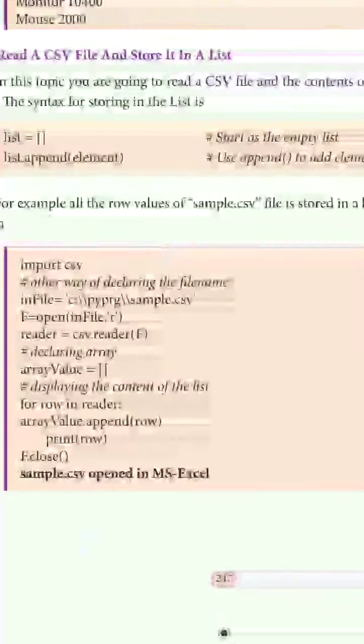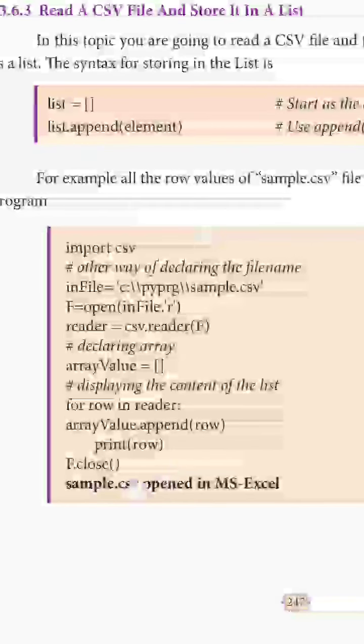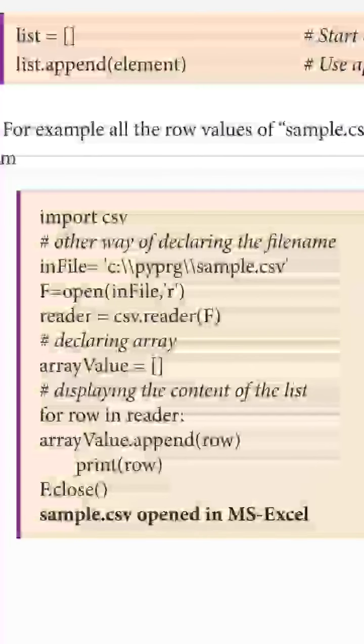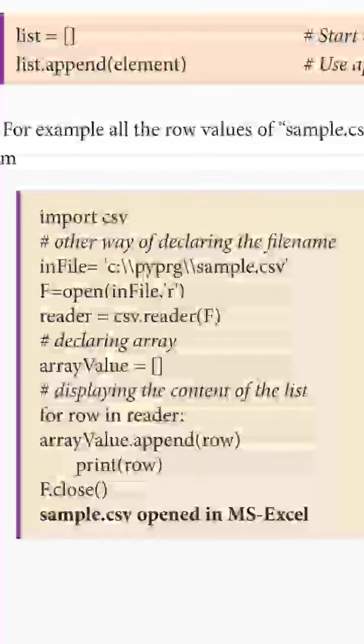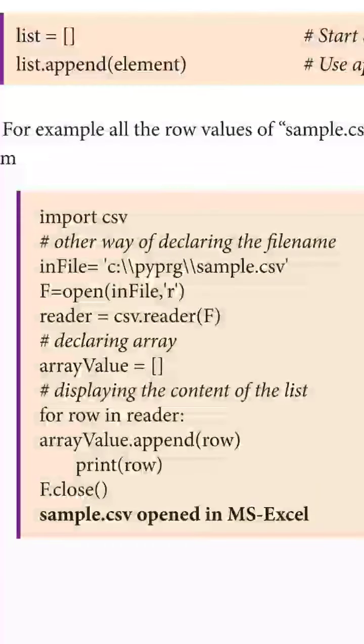So here you can see that infile is the CSV file, and f is equal to open(infile, 'r') in reading mode. Reader is equal to csv.reader(f). Array value is the empty list.